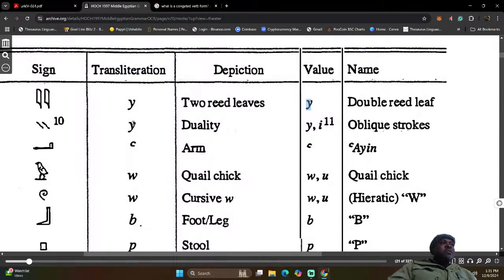But notice this one, Y and I. Those are in the same category, in the sound that they make. Let's talk about these two strokes, which is another Y. It's just a shorthand for this one. This A, see, they have it for ayin in Hebrew.